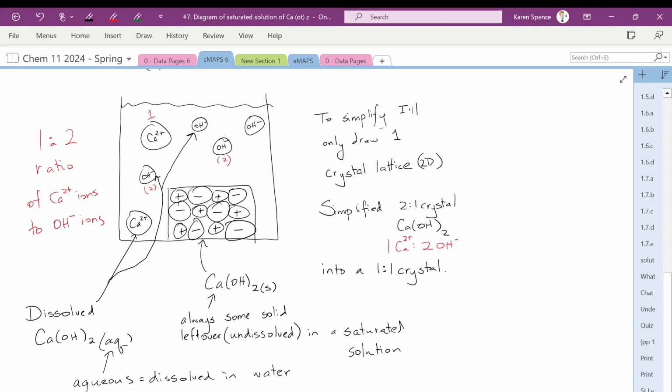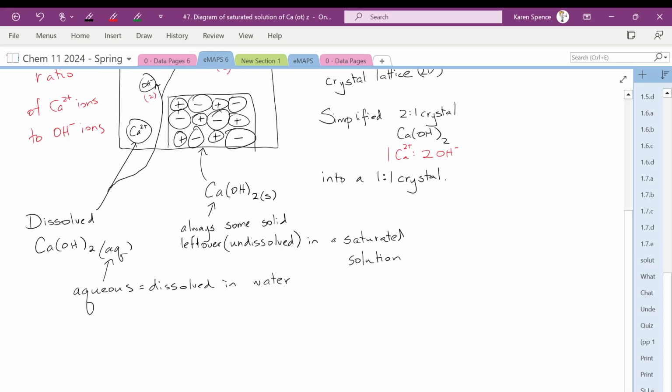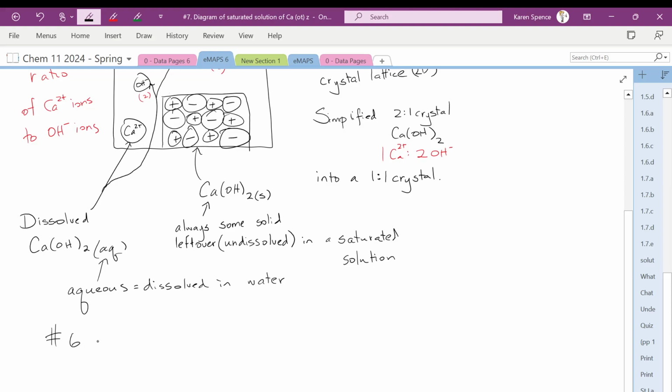Now, were there any questions about number 6, or were we good? I forget what number 6 was. Let's take a look. Number 6. Once the teacher blew into the lime water, did we have a suspension or a solution? What happened, by the way, when I blew into the lime water?